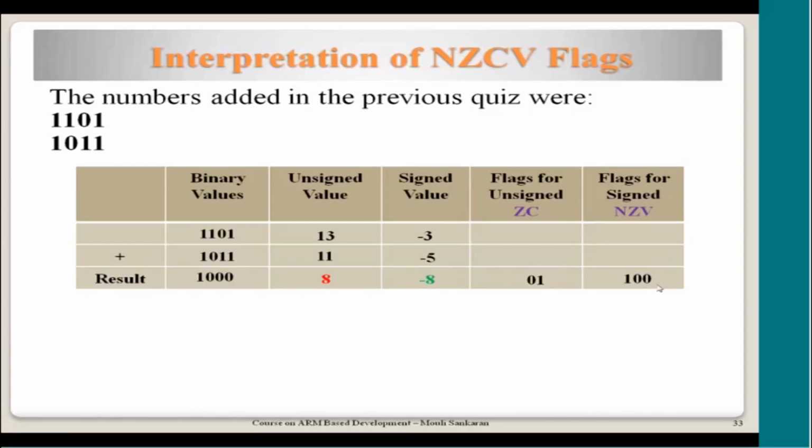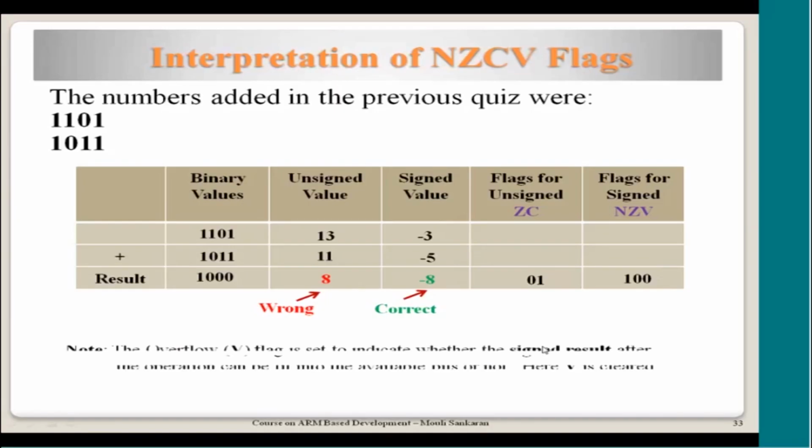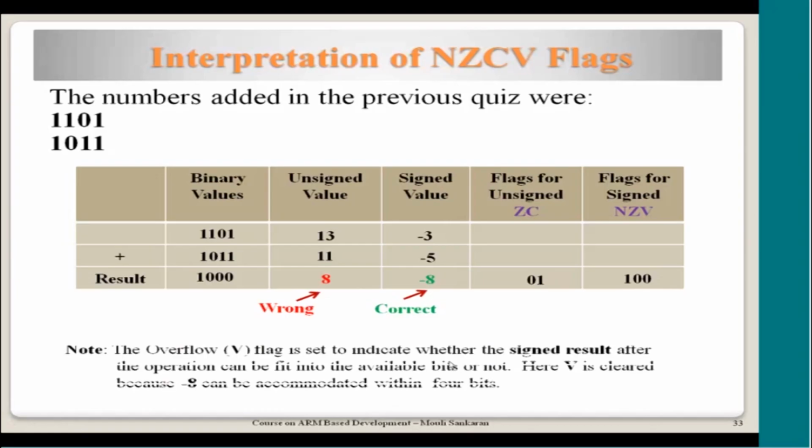This overflow flag, how is it set? Let us see how it is done. The answer here is correct. The explanation for the overflow flag is that it indicates whether the signed result, the signed arithmetic after the operation, can fit into the available bits or not. Here V is clear because -8 can be accommodated within 4 bits.